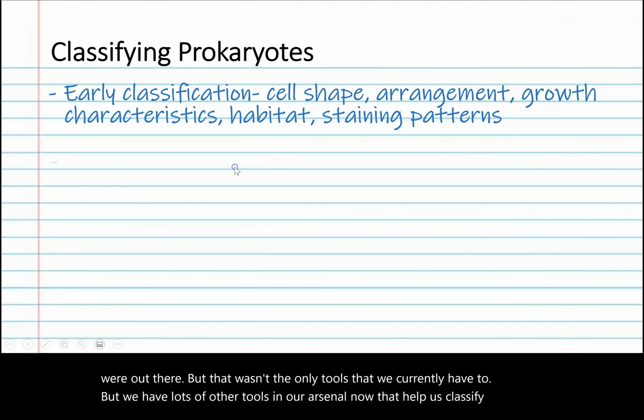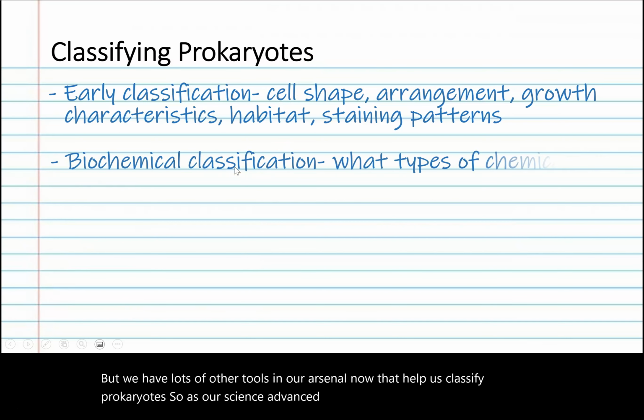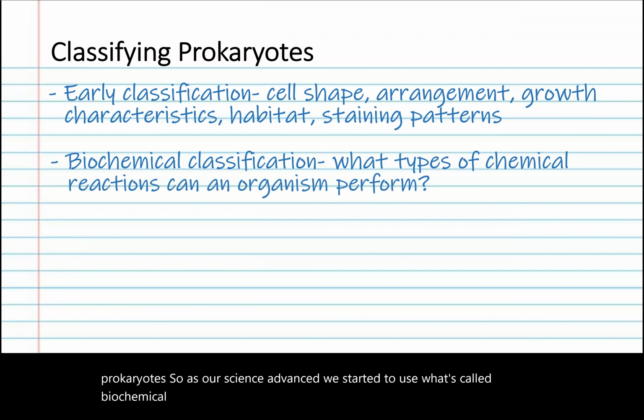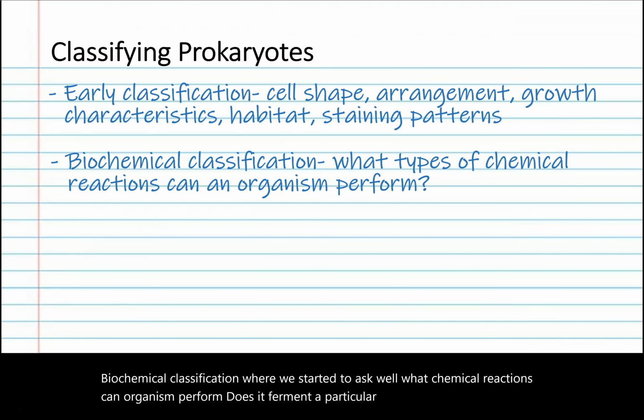So as our science advanced, we started to use what's called biochemical classification, where we started to ask, well, what chemical reactions can an organism perform? Does it ferment a particular kind of sugar? Or can it detoxify a kind of chemical?